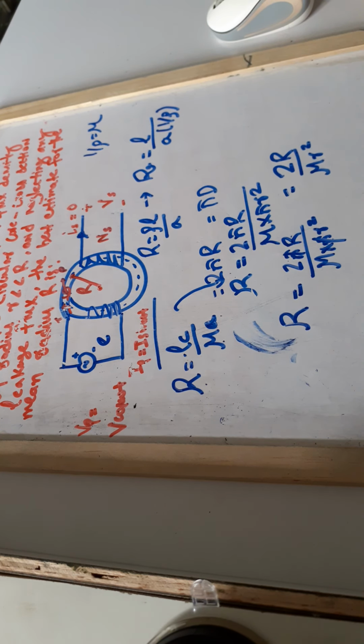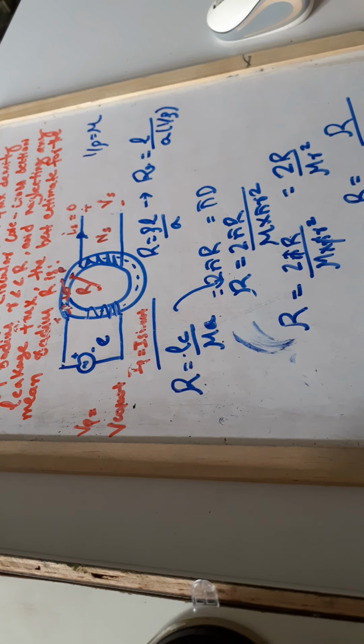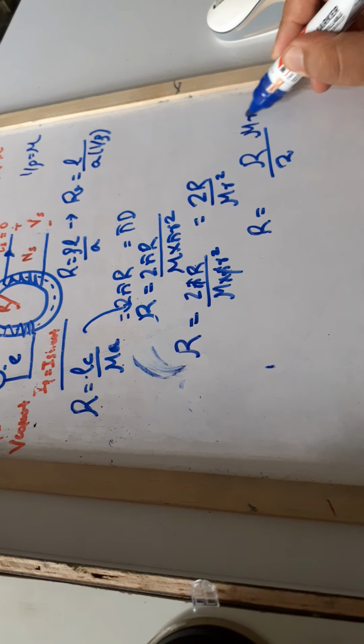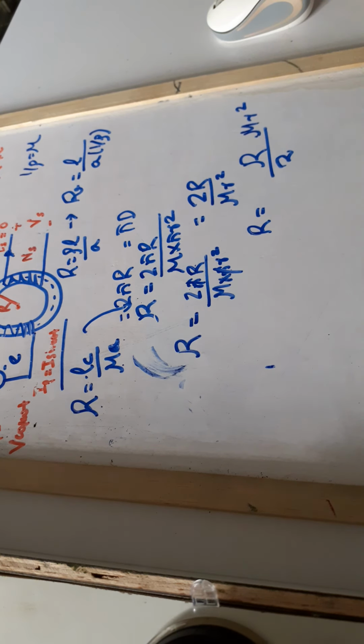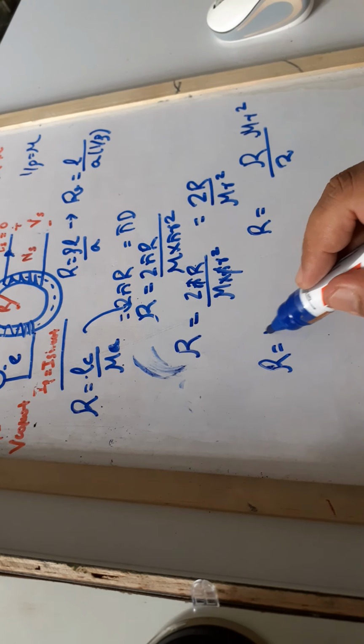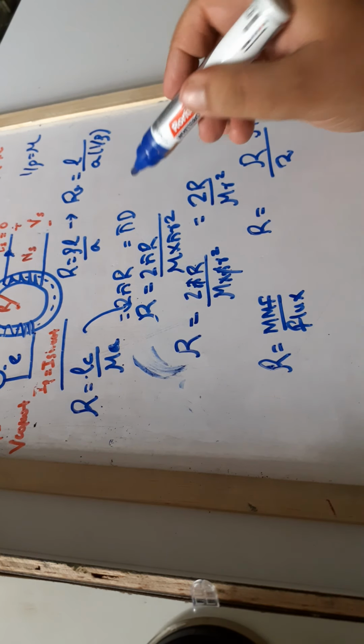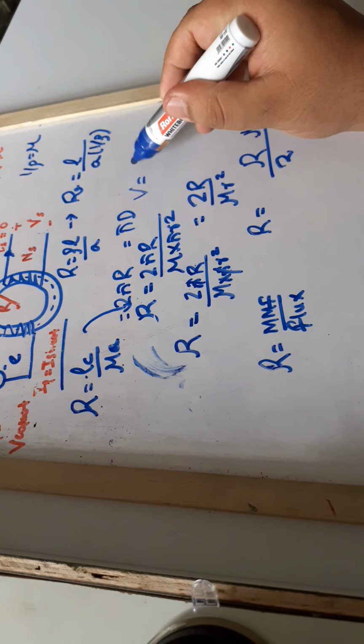Now we have the value of reluctance in terms of this. So the value of r, if you want it from here, would be reluctance multiplied by mu r square divided by 2. Now, reluctance is essentially mmf by flux, because mmf is like voltage and flux is like current.